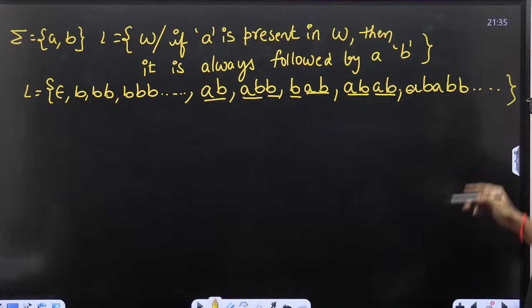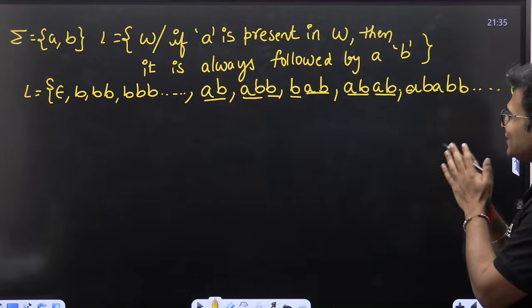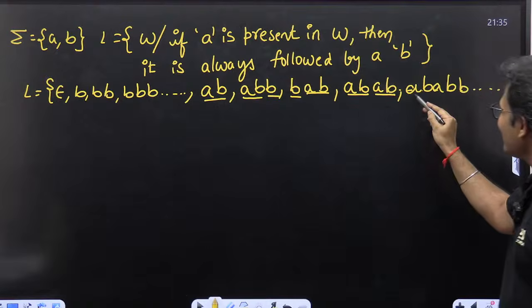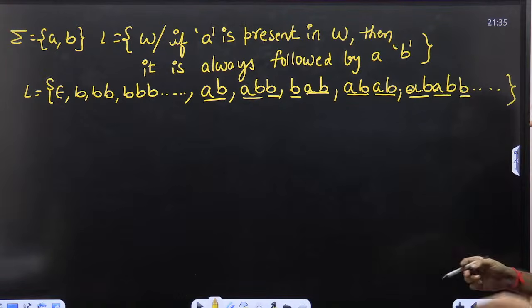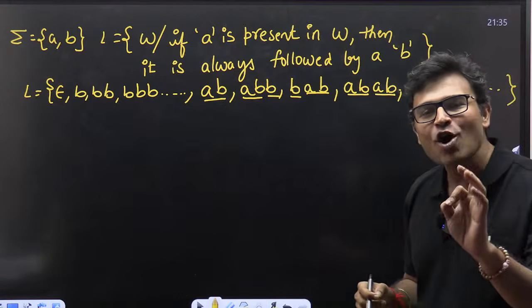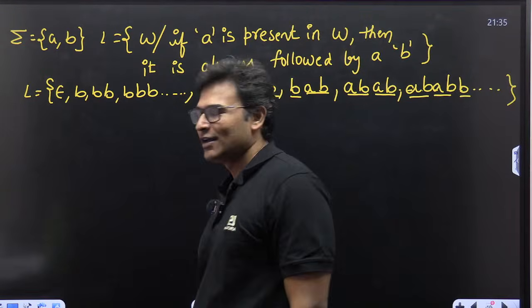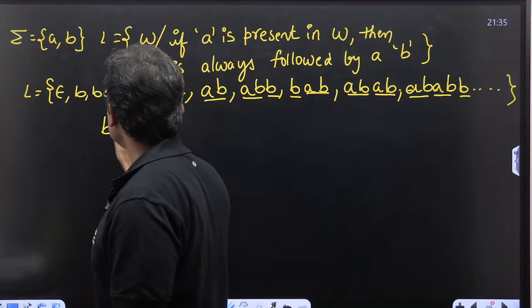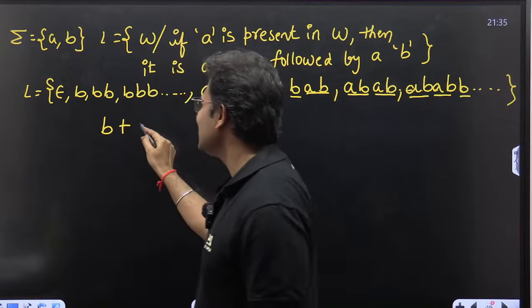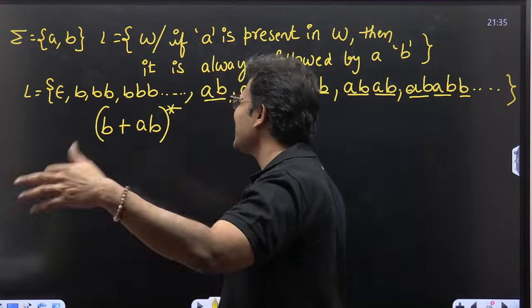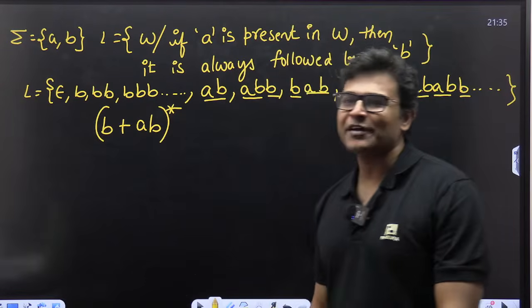Now, every string is formed by two building blocks. What are they? Either there is AB or B. Using these two building blocks, the entire language is built. One is B and the other is AB. That's it. You use them any number of times, you are going to get this language.